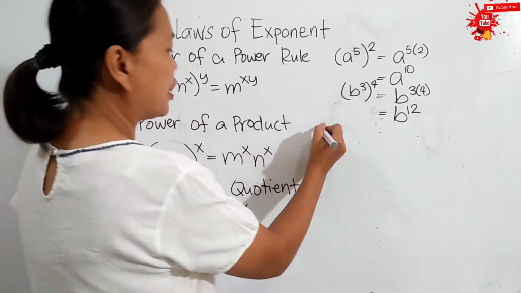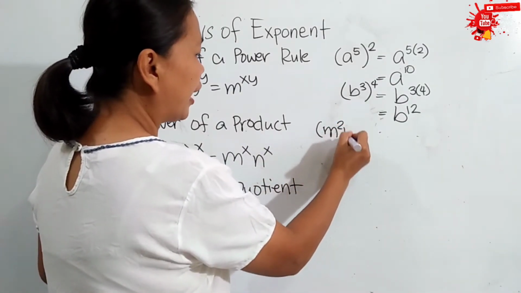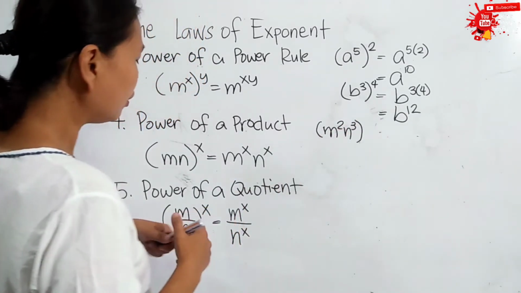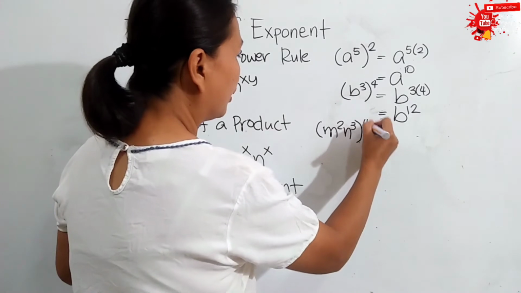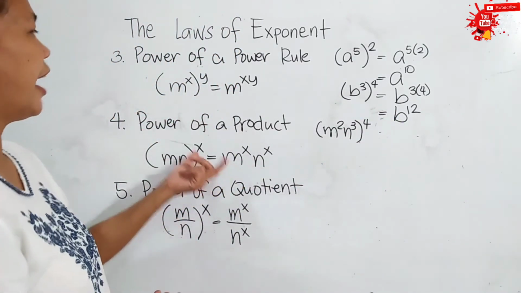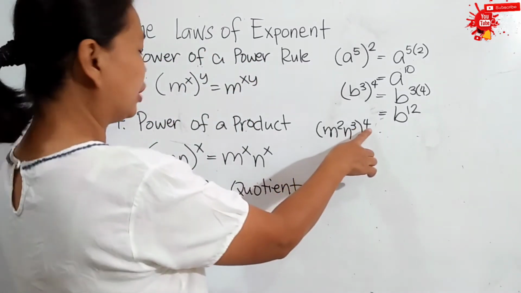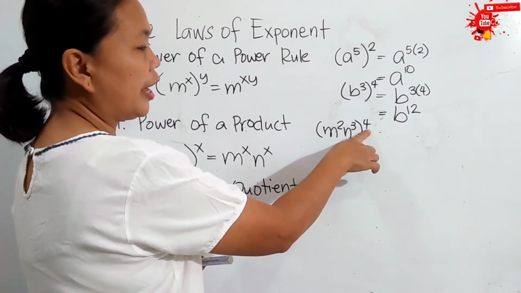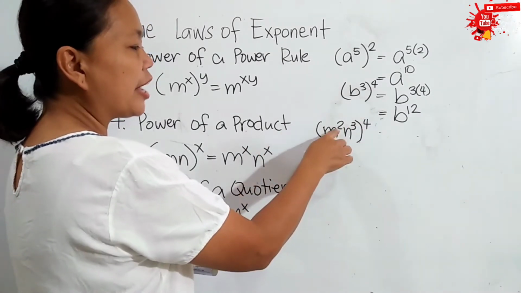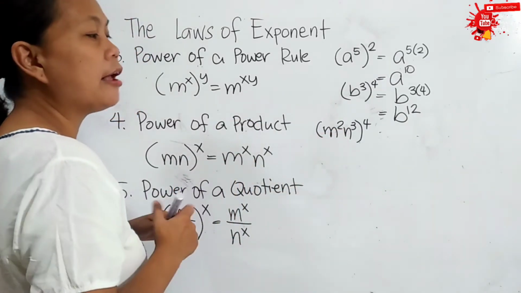So say we have here the quantity of m squared n cubed raised to 4. It's a combination of the power of a product and the power of a power rule. So we will distribute the exponent outside the parentheses by multiplying it to the exponent of each variable inside the parentheses.